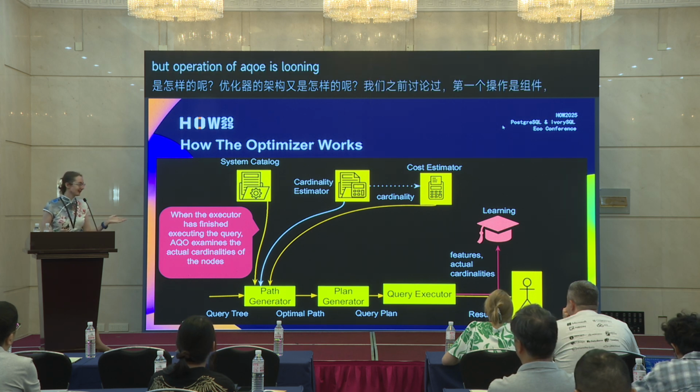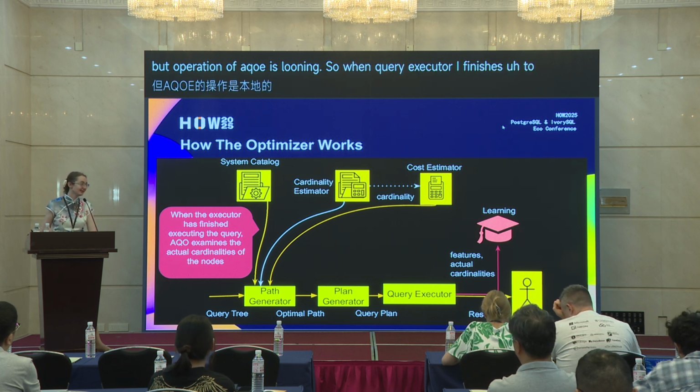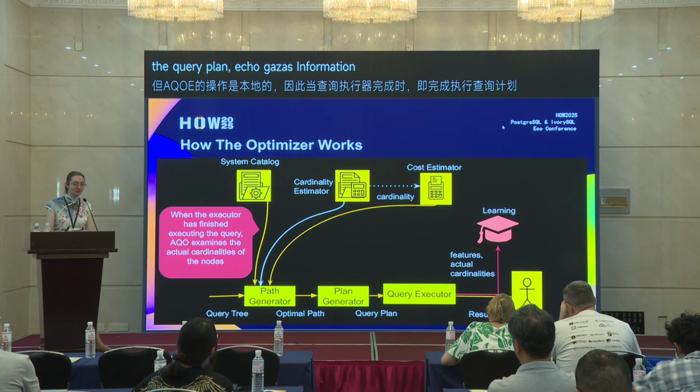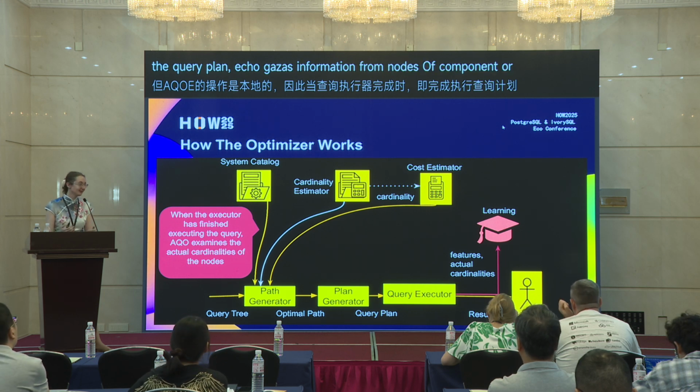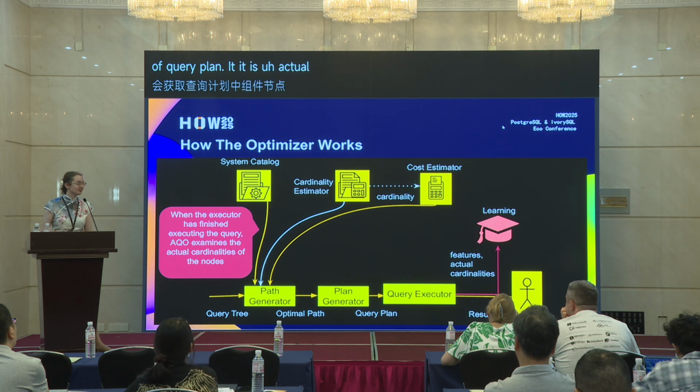When the query executor finishes executing the query plan, AQO gathers information from the nodes of the query plan: actual cardinalities and features, which are like the description of nodes.